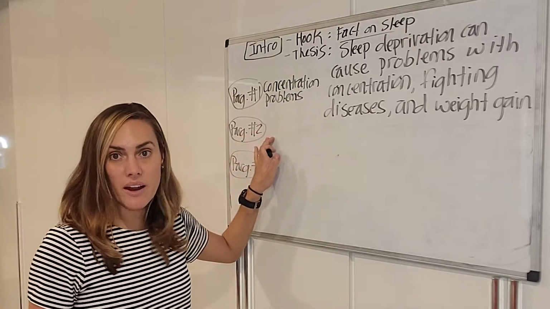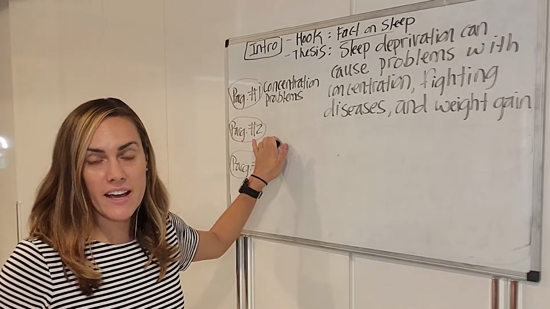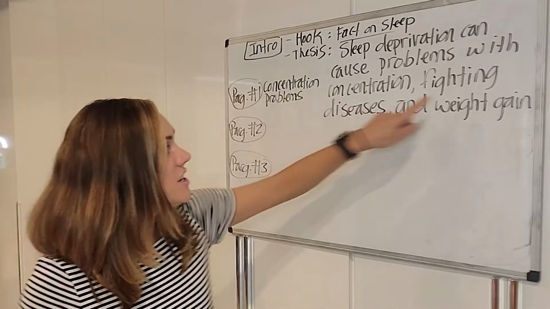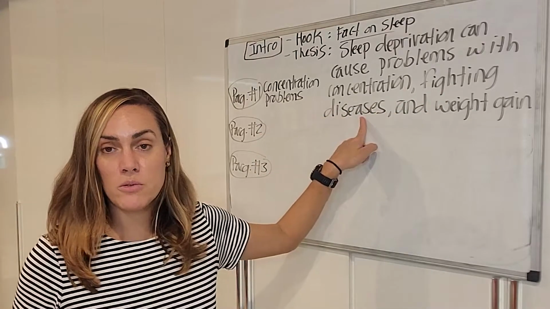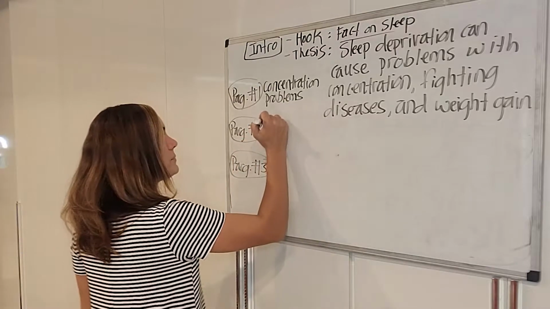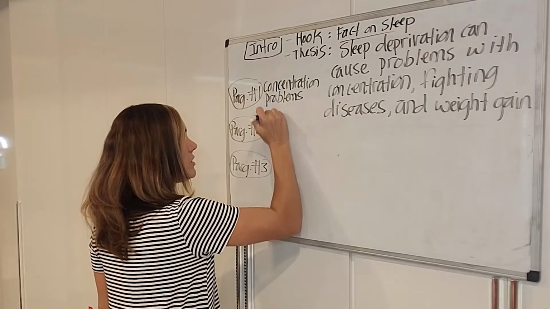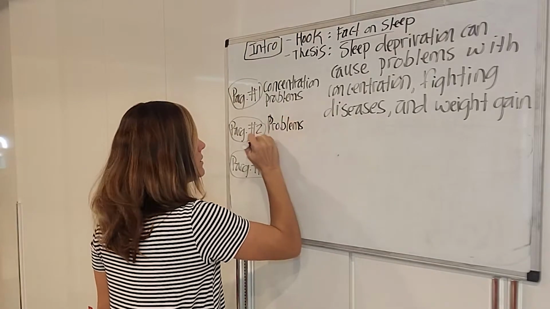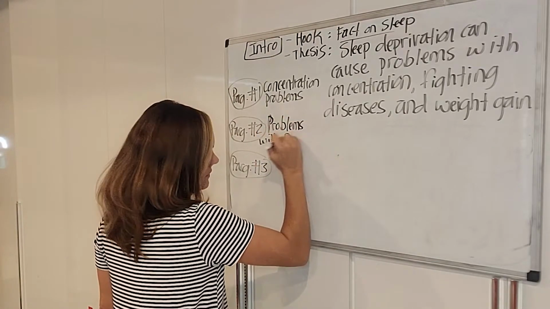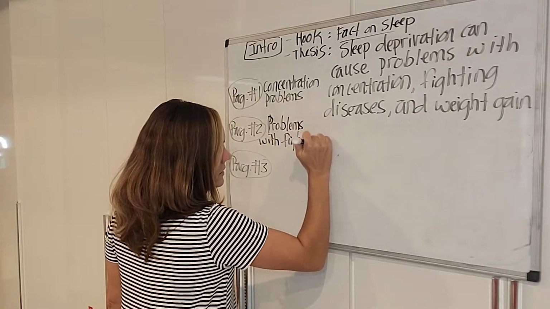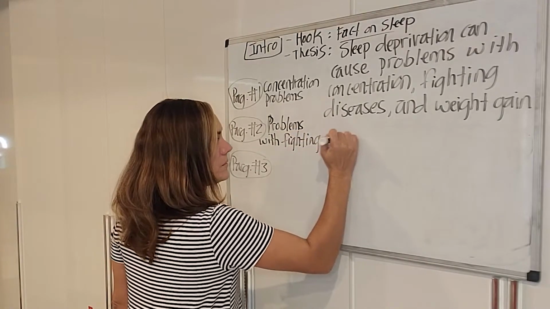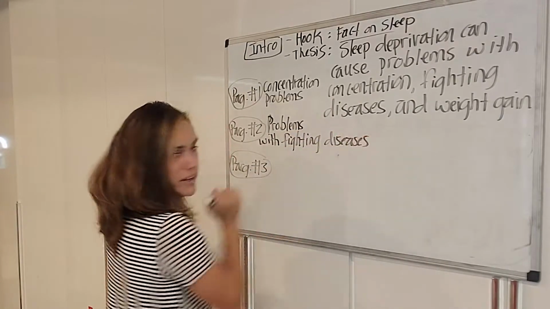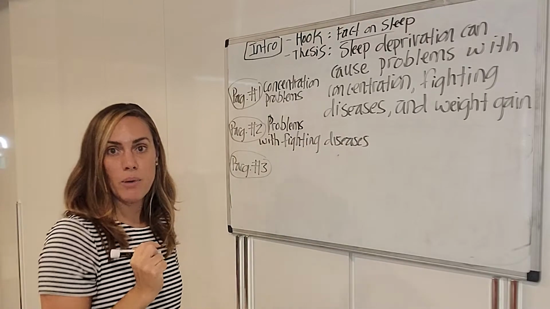My next point that I want to make to talk about the effects of sleep deprivation is right here. We have problems with fighting diseases. So that's the point I want to make in my second body paragraph.